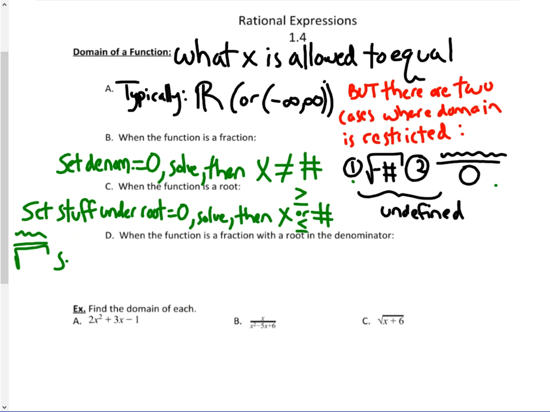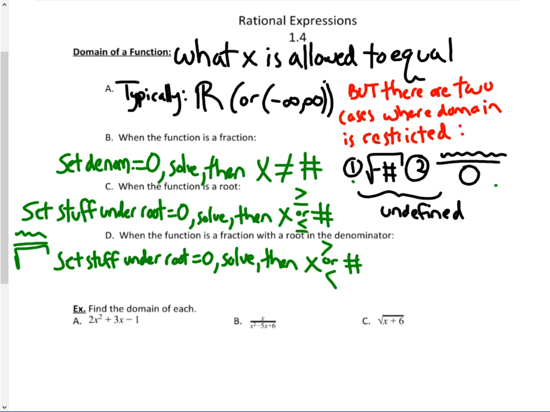We're going to set stuff under that root equal to 0. We're going to solve. Then x, our domain, has to be greater than or less than that number.